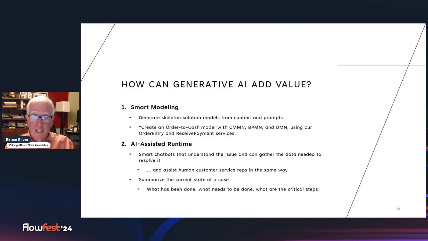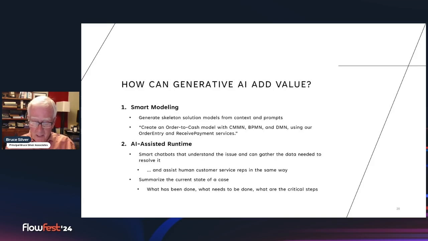Solutions incorporating CMMN, BPMN, and DMN typically have a similar structure. So just assembling the building blocks in a skeleton of the solution is something generative AI can do. Suppose your prompt asks AI to create a skeleton model of an order-to-cash process using CMMN, BPMN, and DMN.